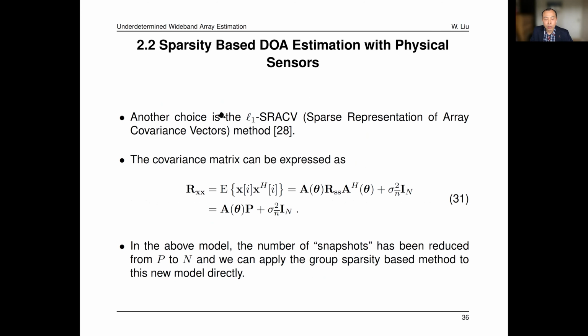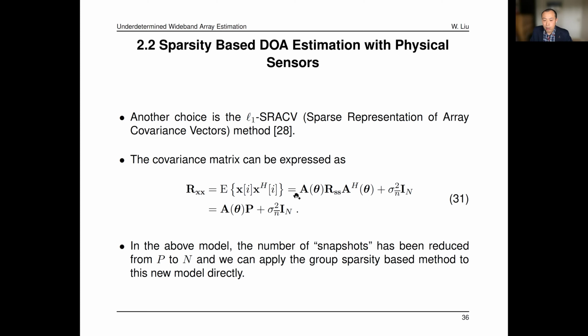Another solution to reduce the complexity is called the L1-SRACV method, sparse representation of array covariance vectors, in reference 28. In this method, because we have a large number of snapshots available, you can calculate the covariance matrix. You have a good estimation of the covariance matrix of the data, which is given by this. This is a standard result.